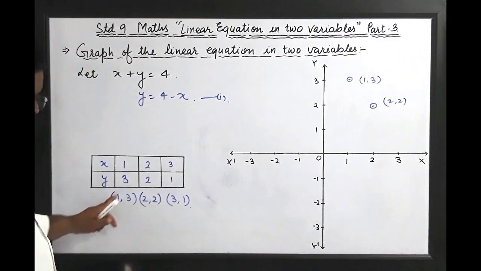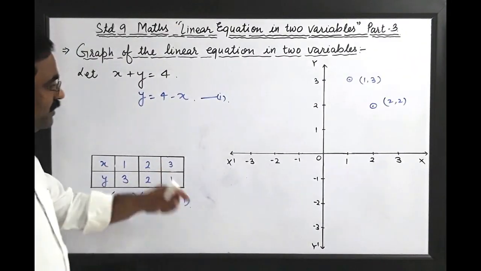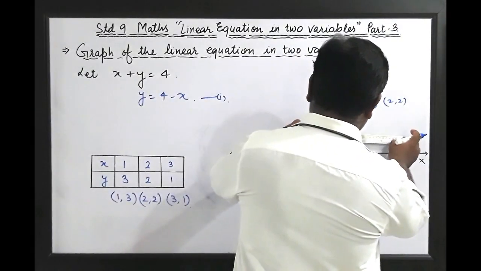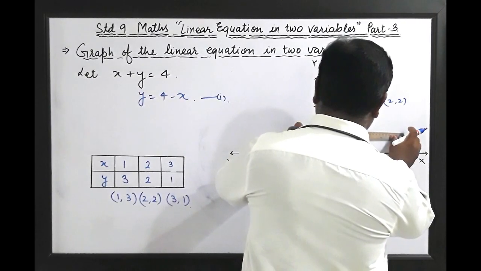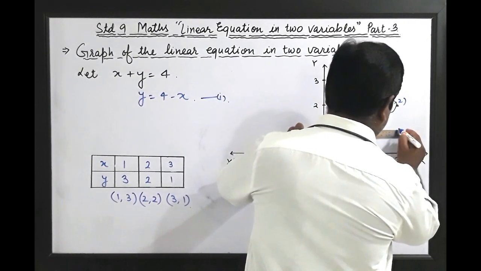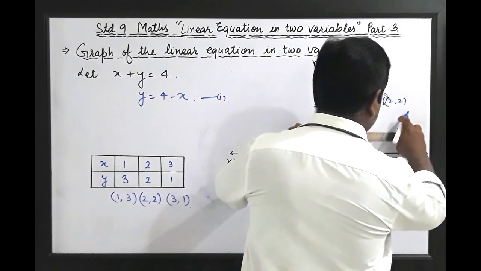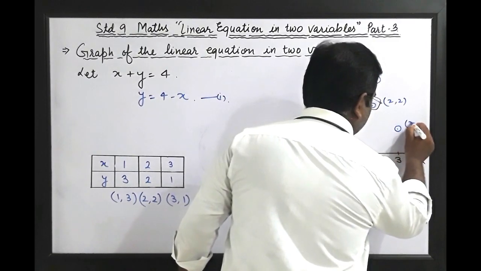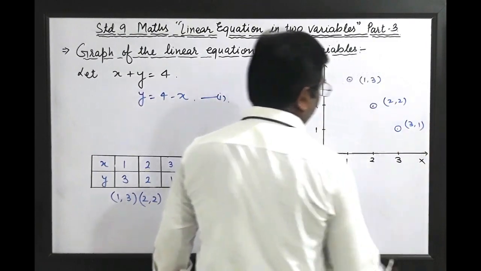Now the third point is 3 comma 1, means on x axis is 3 and on y axis is 1. Therefore its point lies here, 3 comma 1.